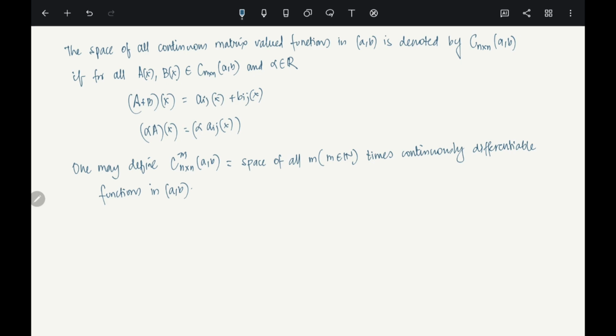So is this clear? I think this is okay. Matrix valued functions, of course. I forgot to write matrix valued, so let me put it this way.